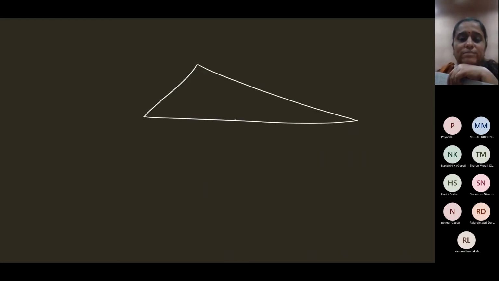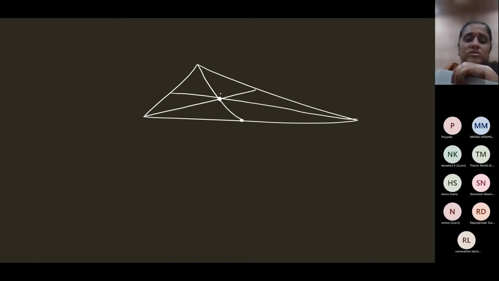So in a triangle, the three medians will pass through the same point. So this is called the point of concurrency, because it's not two, it's three.